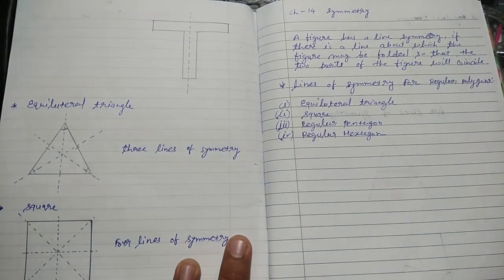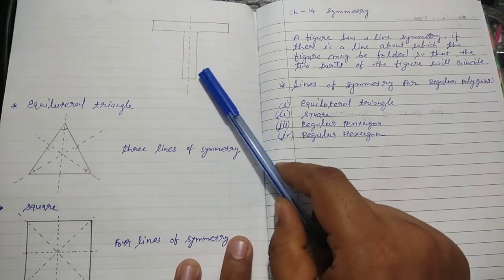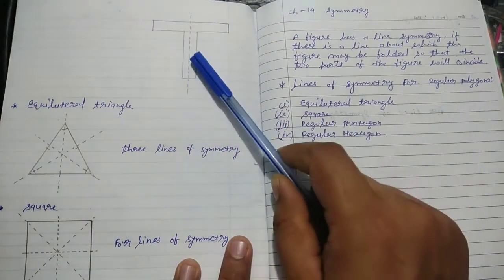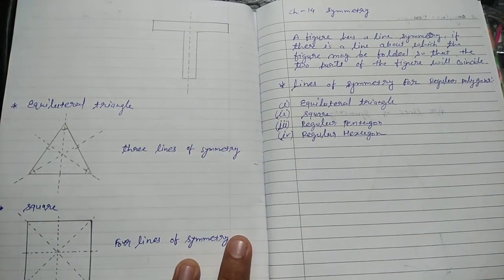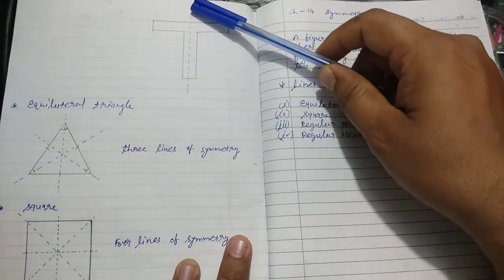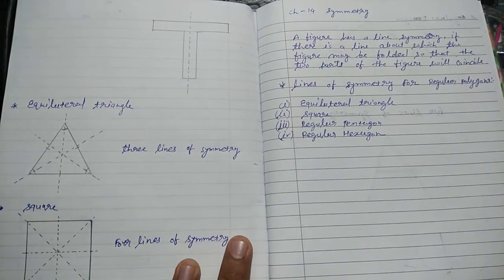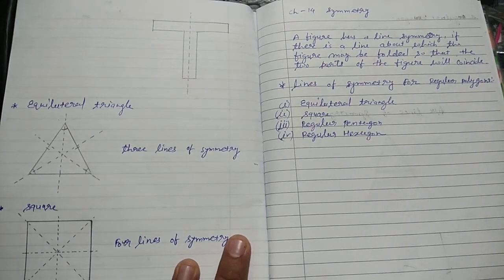Line symmetry. For example, here you can see that this figure looks like the letter D, and this line is called the line of symmetry or axis of symmetry.